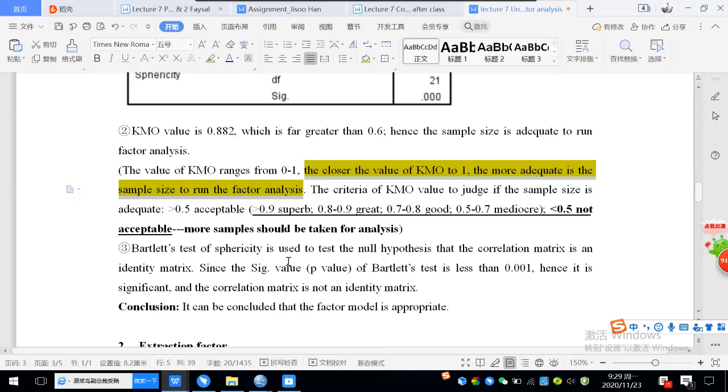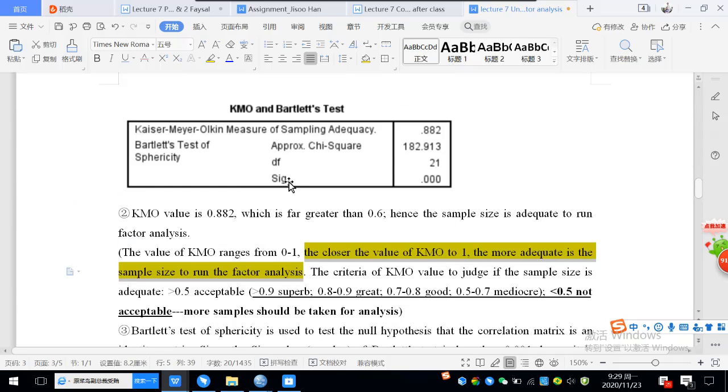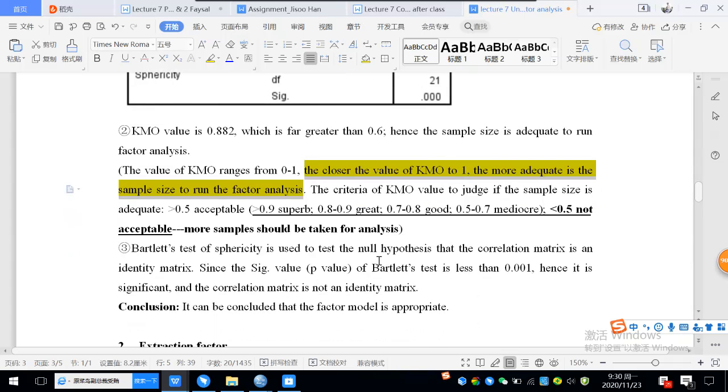But here, the significance of Bartlett's test of sphericity is less than 0.001, right? So the hypothesis is not accepted. Hence, the correlation matrix is not an identity matrix.